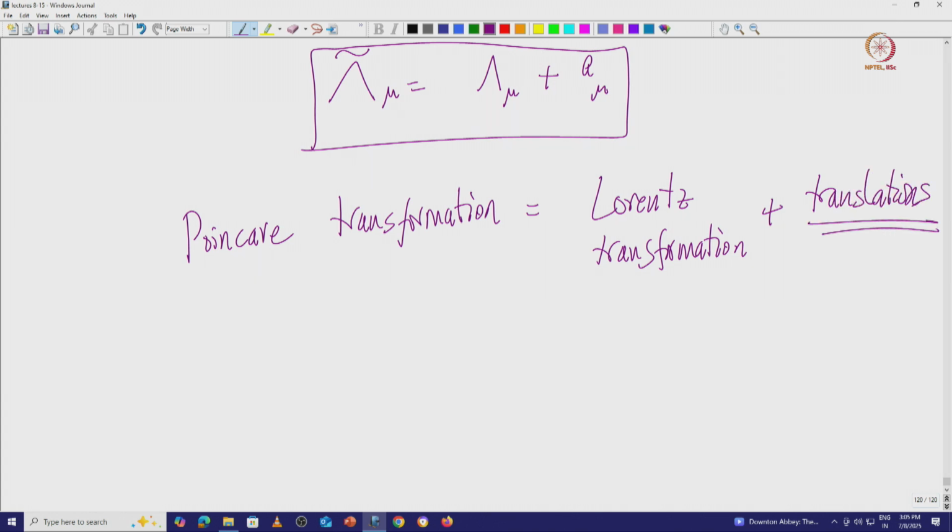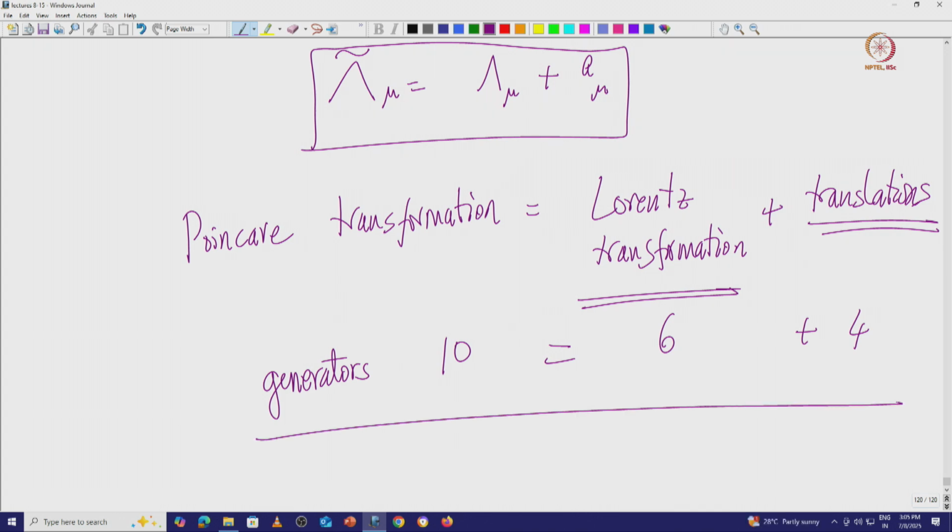How many generators are there for Lorentz transformations? There are 6 generators. So 10 is equal to 6 plus 4, because a mu has 4 components, a0, a1, a2, a3. It's a Lorentz vector, so there are 4 generators. The total number of generators of the Poincare group is essentially 10.